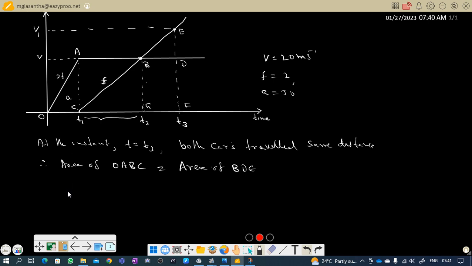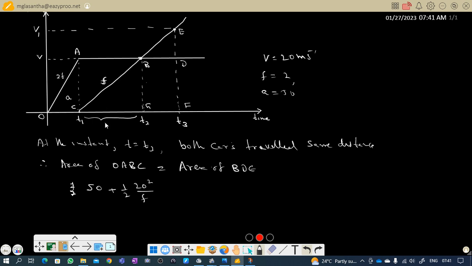Triangle OAC equals half into A, straight away you can take 50 meters, that is given. Then the other one is half V squared over F, that is triangle ABC, right?